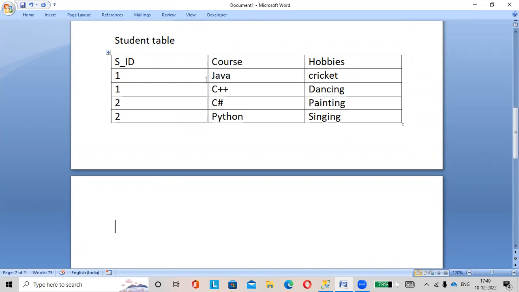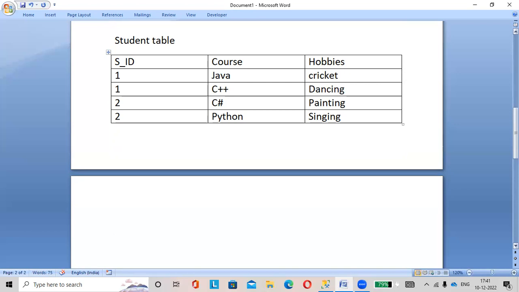Decompose the table. Okay. How to decompose the table? Into how many tables can we break this table? Two tables, ma'am. Two tables. What are they? Course and hobbies.